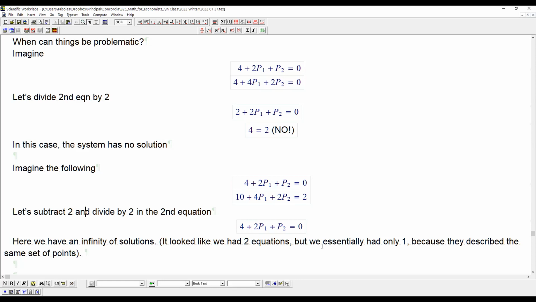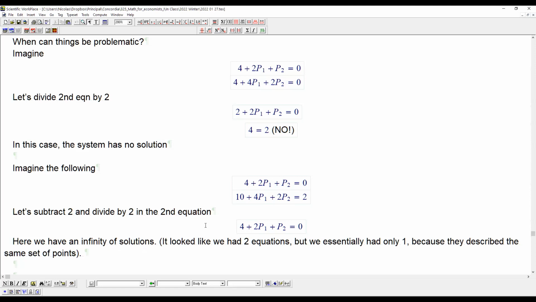So how many solutions are compatible? Well, if I have P1 equals 0, then I can have P2 equals -4. If I want P1 equals 1, then I have P2 equals -6, and I have an infinity of solutions. So again, this is the problem.